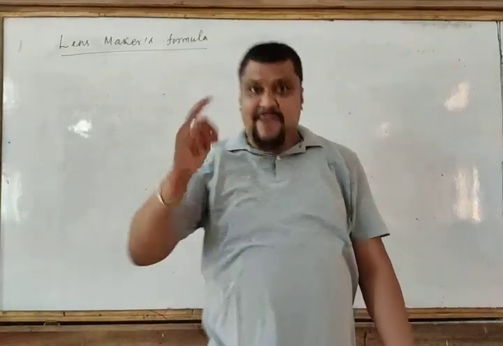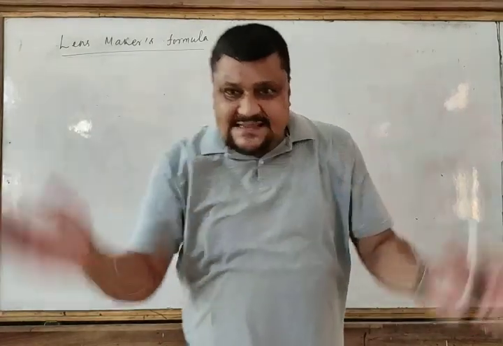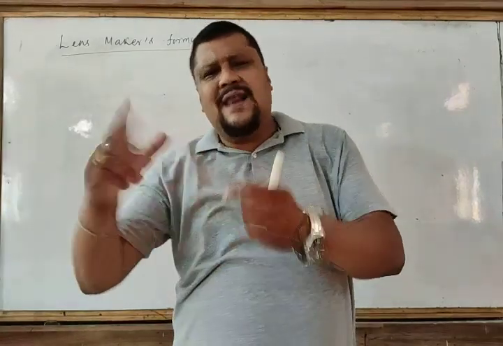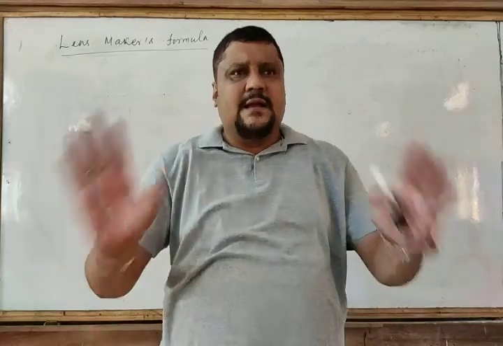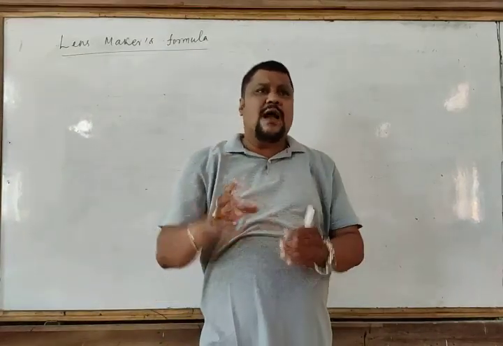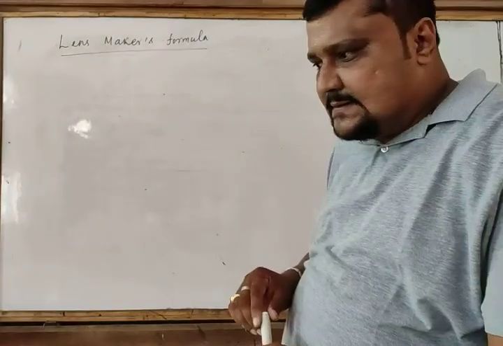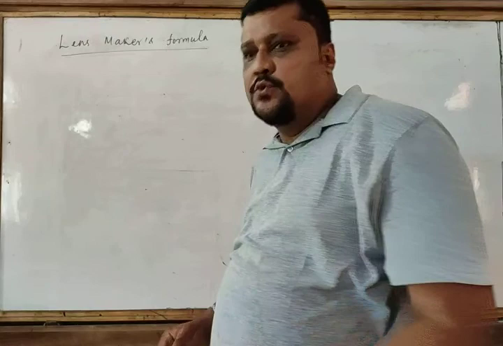So a lens should be designed so that for different purposes the focal length is different. We will discuss what focal length and focus are later, but remember for the time being that the focal length should be different. It means that when you use a lens, its focal length determines its purpose of use.